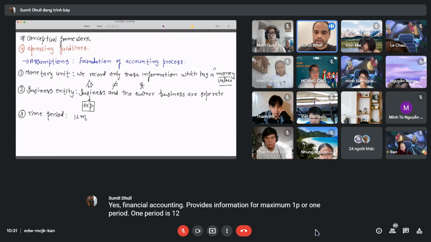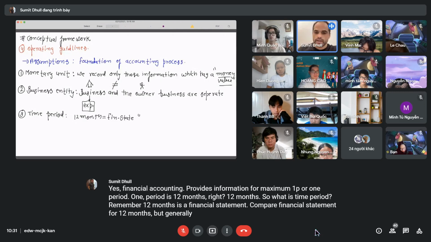So what is time period? Remember, 12 months is a financial statement, all right? A company prepares a financial statement for 12 months. But generally, a company announces profit every quarter, right?